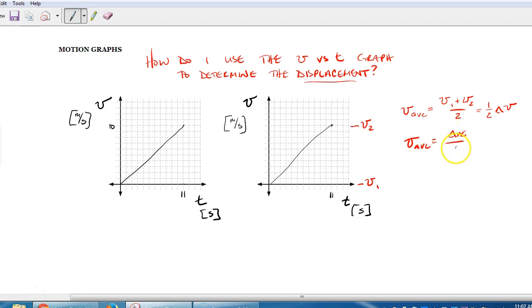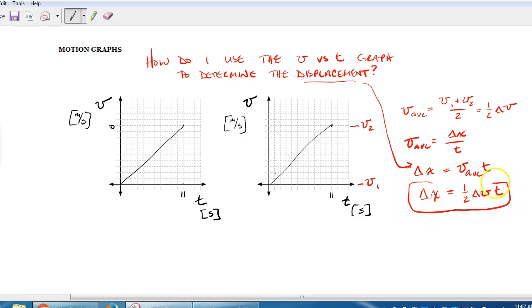So I'm going to solve the average velocity formula for displacement. That's delta x there. I'm going to get delta x equals v_av times t. But we know from the formula above that v_av is also 1/2 delta v, 1/2 times the change in the velocity. So I end up with this displacement equals 1/2 change in velocity times time formula, which is kind of weird. It's not something that we have, and I'm only using it here in this one case. It's not on your formula sheet or anything.